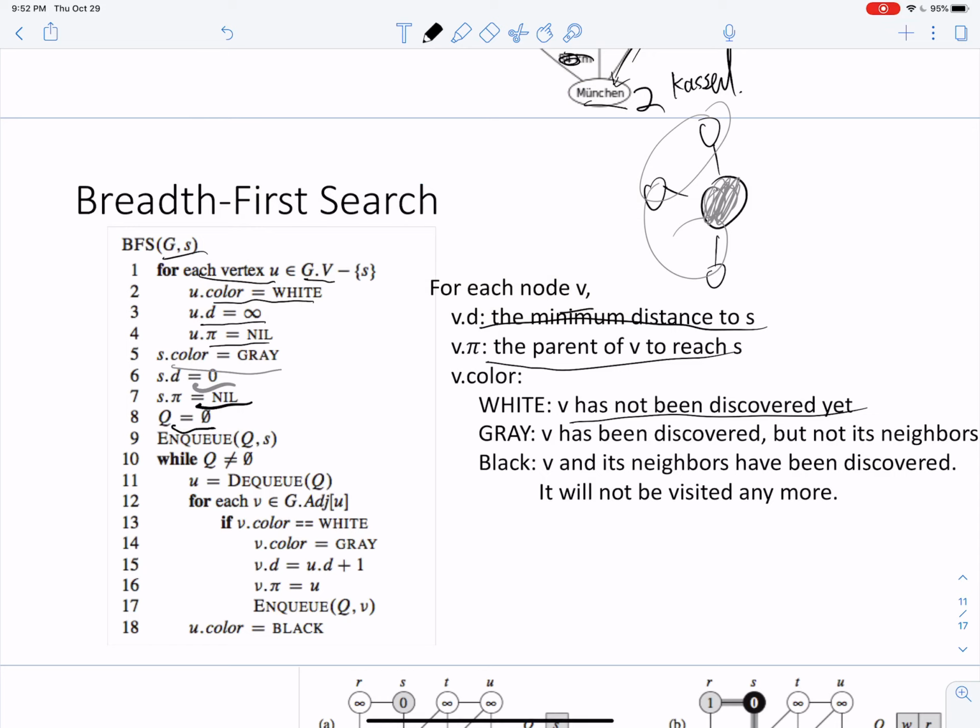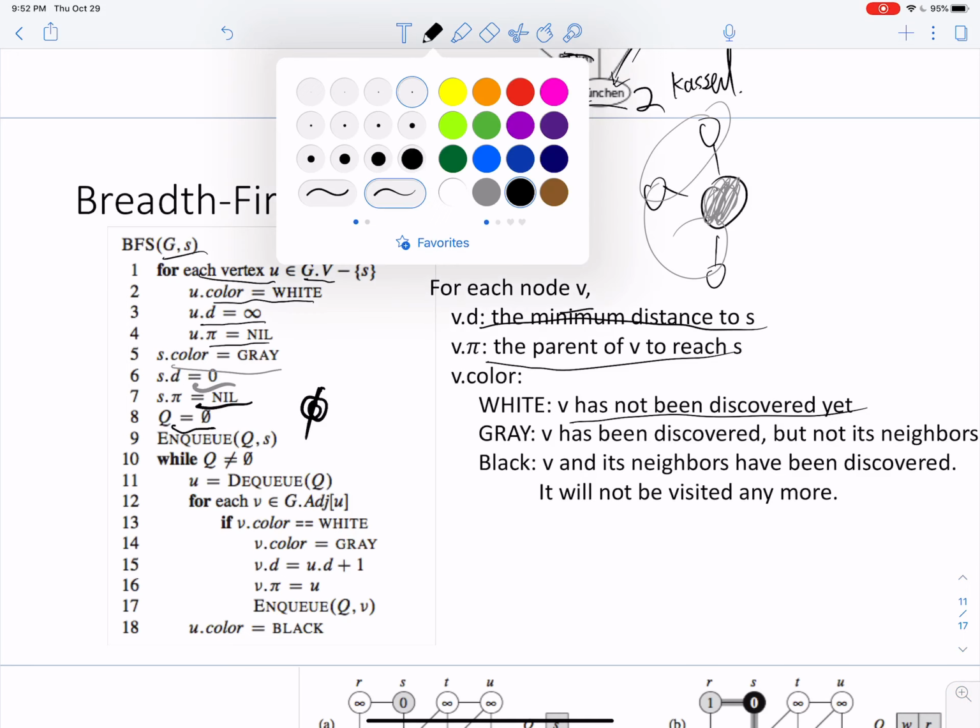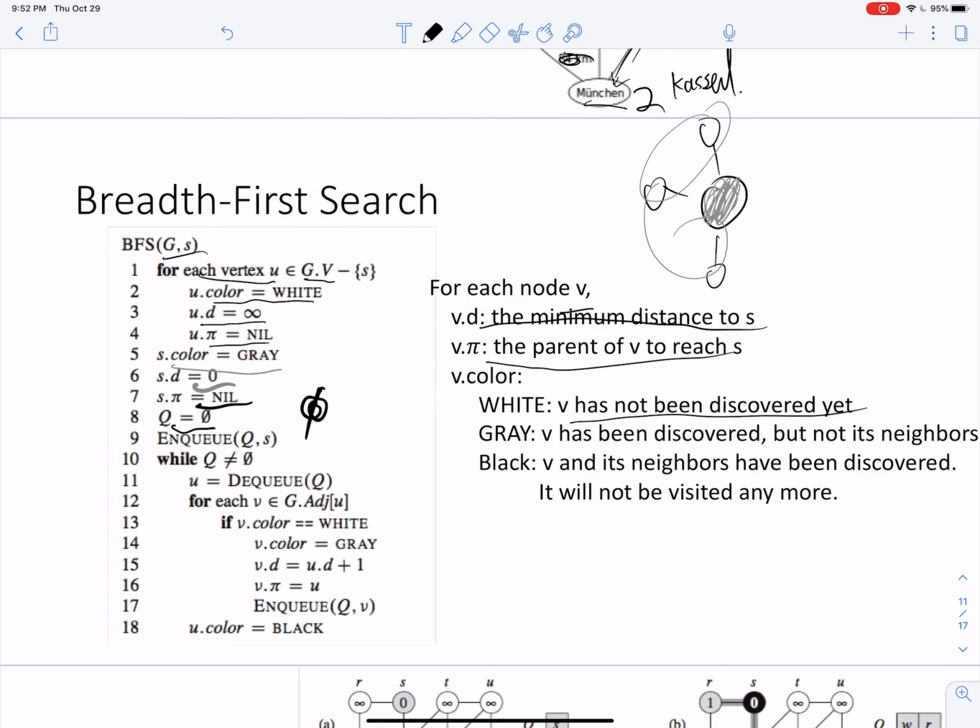Here this means empty. It means that we initially create a queue with nothing in it. I'm not sure if you still remember queues. We learned this in lecture 4. A queue is a data structure that supports efficient insertion and deletion.